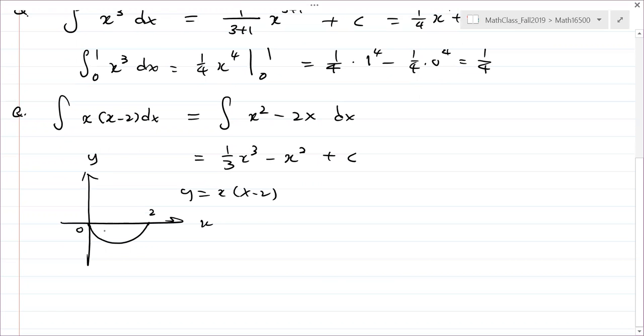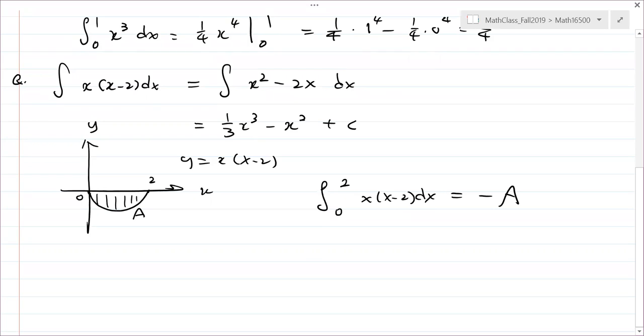What is the area of this region? If the area is A, then the integral from 0 to 2 of this function is going to be negative A, because the region is below the x-axis. So if you evaluate this definite integral, you should get a negative number. Then the area is the absolute value of that number.